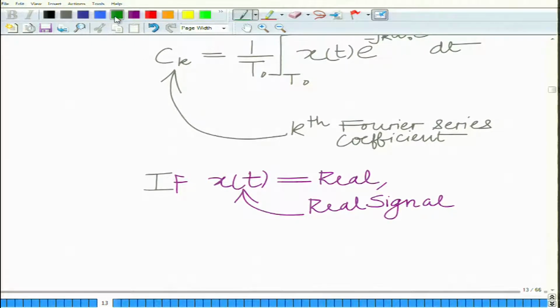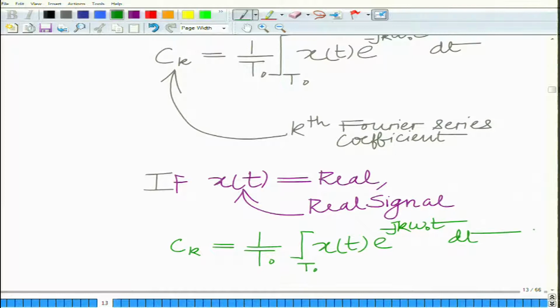If x t is a real signal, then remember we have this already, Ck equals 1 over T naught integral over T naught x t e raised to minus j k omega naught t dt.